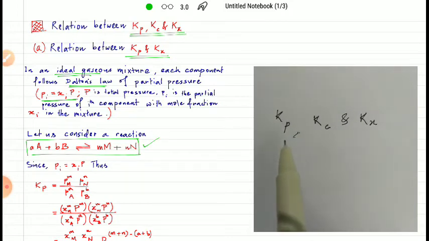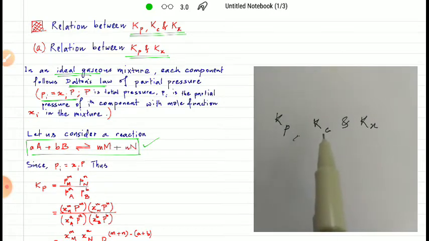If we can calculate the pressure of the reactants, or the partial pressure of all the components, actually all the reactants and the products. And if you can calculate the composition or the concentration of the reactants and the products, then we can use Kc.